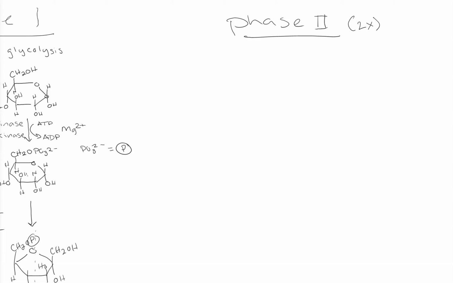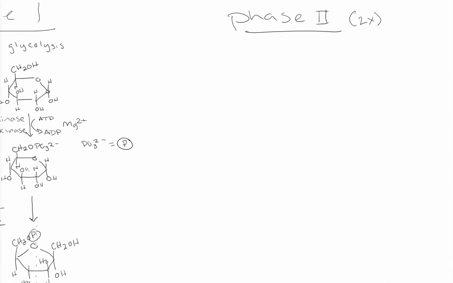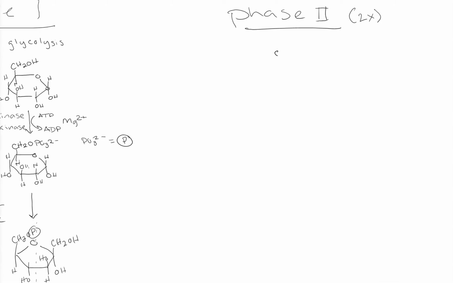So to get started, it's a little redundant, but I'm going to redraw the D-glyceraldehyde 3-phosphate. So we get our aldehyde.